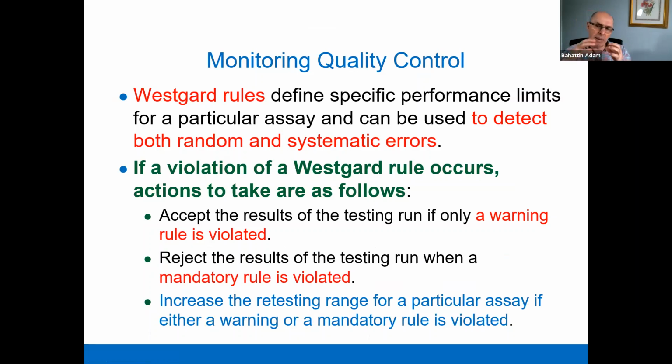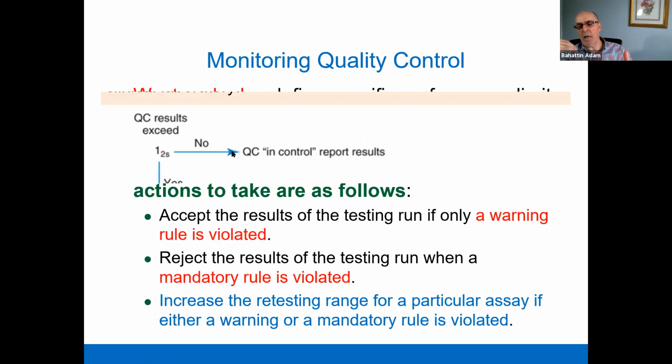There are types of errors in the labs, and if a violation of Westgard rules occurs, the actions to take are as follows: accept the result of the testing run if only a warning rule is violated. Reject the result of the testing when a mandatory rule is violated.